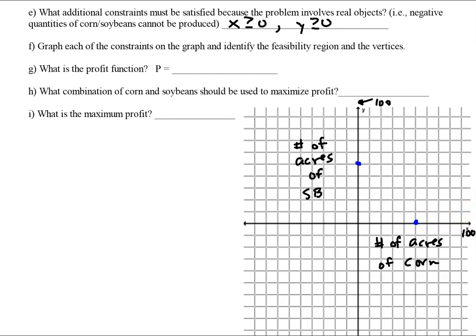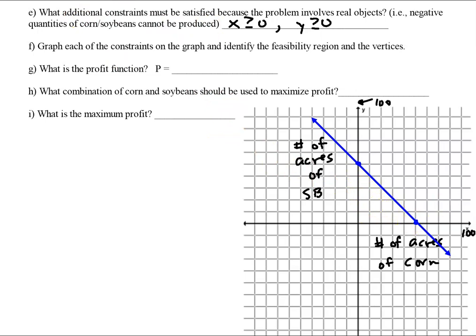And we'll connect those. Let me try that again. Okay. And eventually that's less than, we'll be shading below.